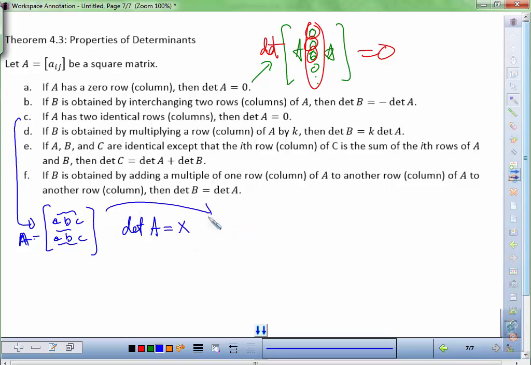Now, if we interchange two of the rows in A, two rows that are exactly the same, what's going to happen to the matrix?